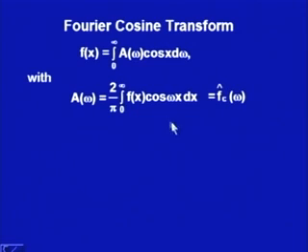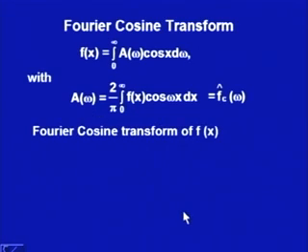Now you see, for this function f(x) we have got one integral, A(omega), which is again a function in some other variable. This we are calling the Fourier cosine transform. Moreover, if I again integrate this A(omega) multiplied by cos omega x d omega with respect to omega, we would get back my function f(x).